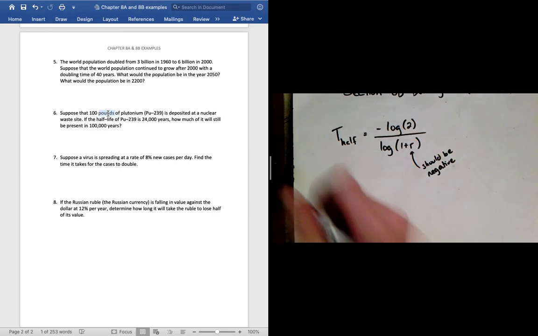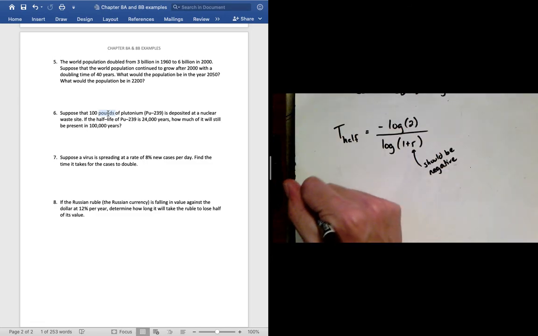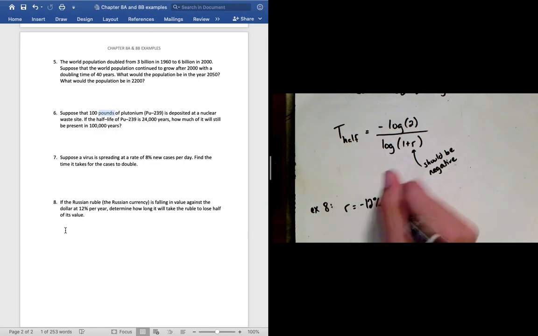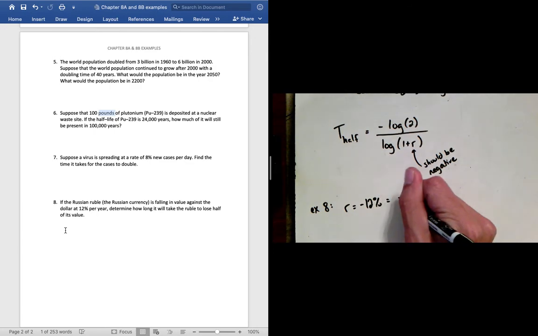So we'll look at example 8. Example 8 says, if the Russian ruble is falling in value against the dollar at 12% per year, determine how long it will take for the ruble to lose half of its value. So our r value in here is negative 12%, which we can write as a decimal, negative 0.12.